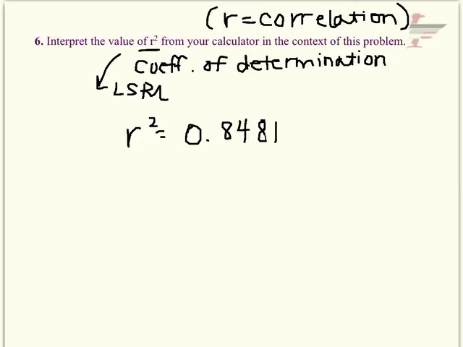And your coefficient of determination is the fraction of variation in y that can be explained by your least squared regression line of y on x. And that's almost a sentence you have to memorize, and you may have forgotten it over time.